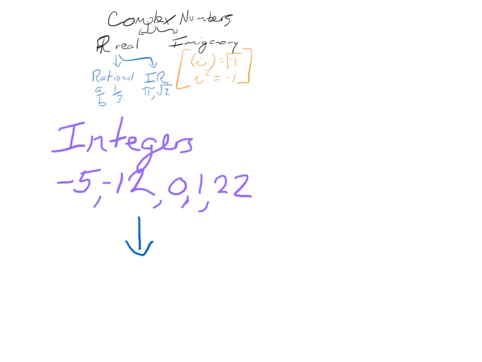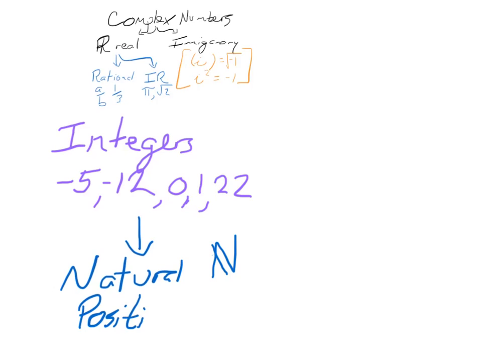Your natural numbers are sometimes represented like this. Let me try that again so you can see the symbol for natural numbers: an N with a double line down the middle. And those are only your positives. Positive only.